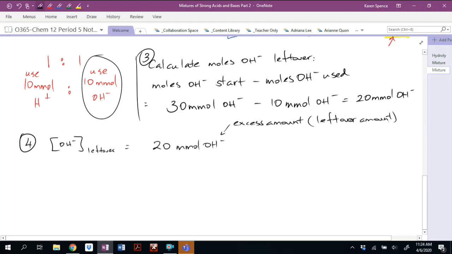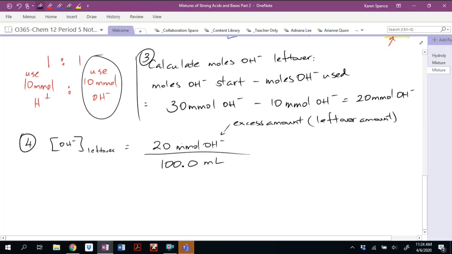So all we've got in our beaker now are some spectator ions and some hydroxide, okay, and of course water. Now what volume is that hydroxide in? Well, we mixed 50 milliliters and 50 milliliters, so it's going to be in 100.0 milliliters of solution.